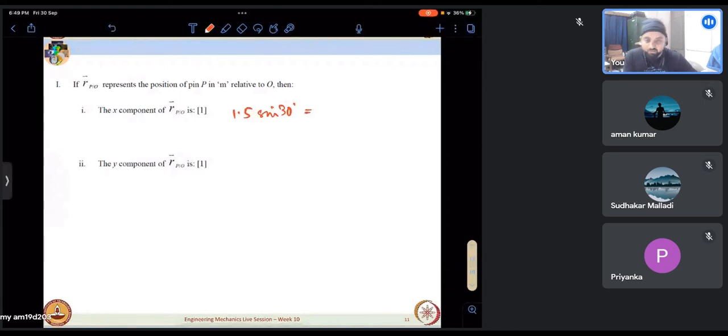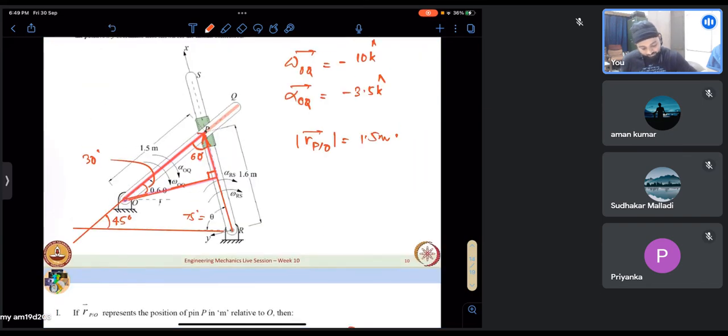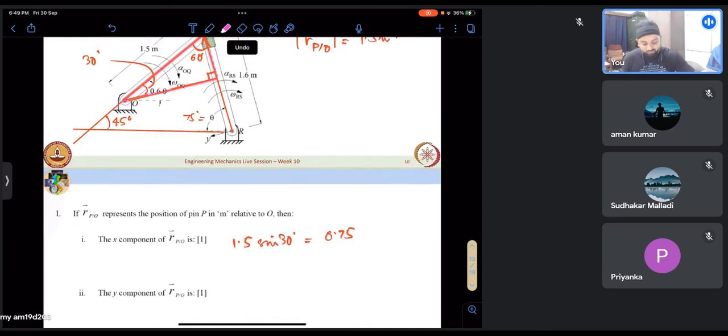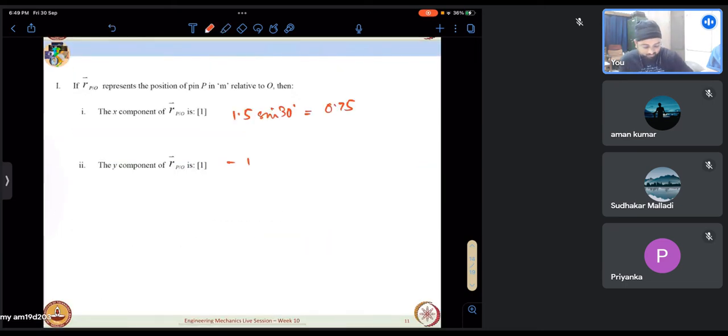And this is along the positive x-axis as given. So it is 0.75. Y component, we can see this is our y component. It is pointing in the negative y direction. So it is nothing but minus 1.5 cos 30, minus 1.299. So it is 1.3.